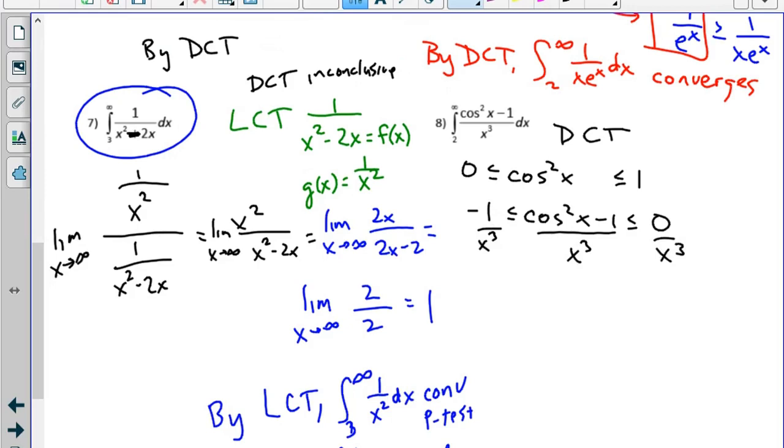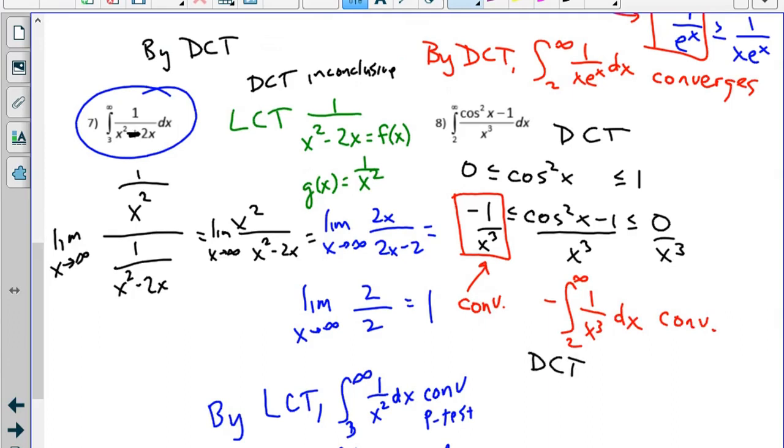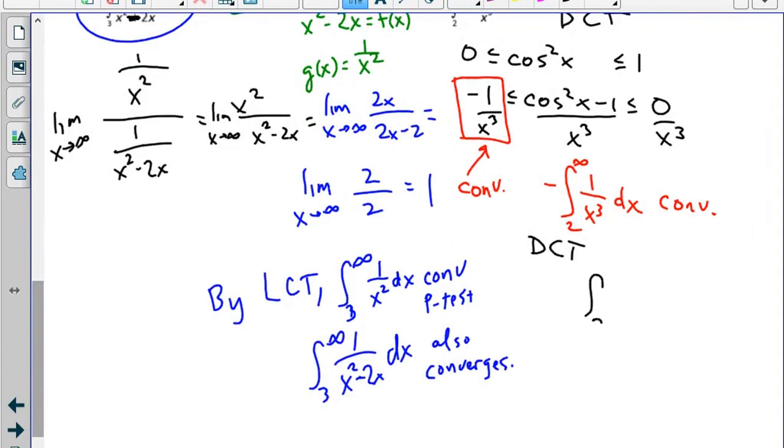And so, since we know that this function must converge, because if we have the integral from 2 to infinity of 1 over x cubed dx, and that converges. If we put a negative on the outside, that converges. By the direct comparison test, we know that the integral from 2 to infinity of cosine squared x minus 1 over x cubed dx also converges.